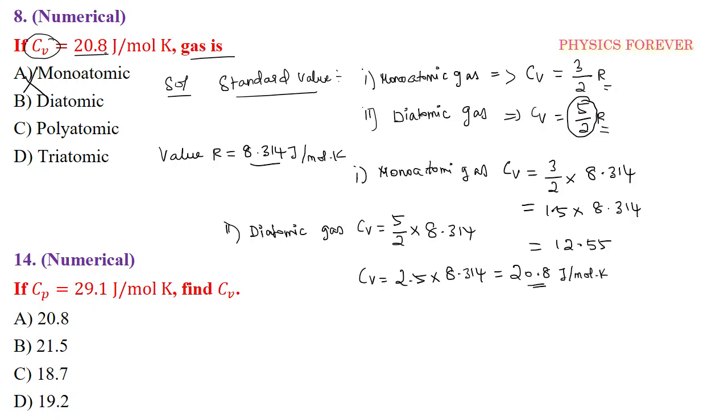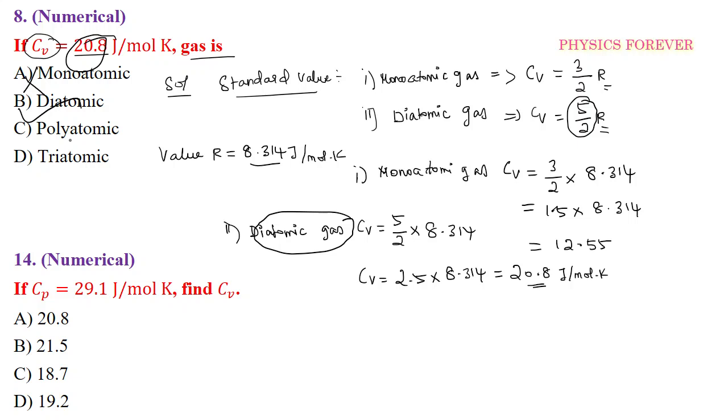The value given is 20.8, so we get 20.8 for diatomic gases. So option B is correct. Diatomic gas is the correct answer for question number 8.